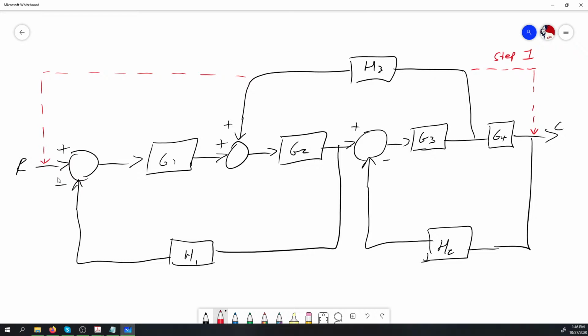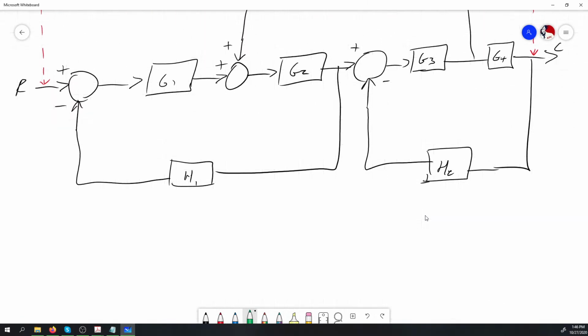Now, the reason is that when you have a series of summation junctions going next to each other, so like, I'll throw this in green for you guys. Let's say in this particular case, you have signal coming in here, and then you have another summation junction here, say like this. You can reorder those summation junctions in any order that you wish.